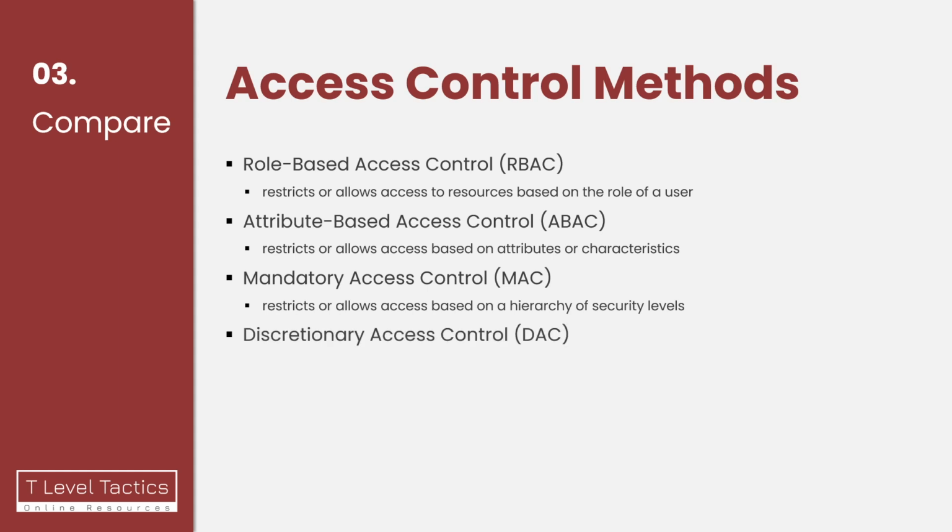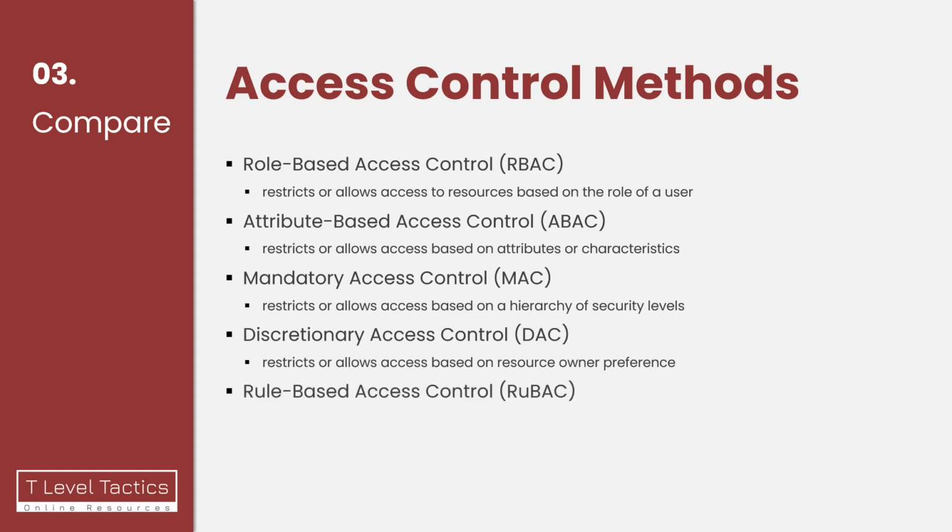Discretionary access control, DAC, which restricts or allows access based on resource owner preference. And rule-based access control, RUBAC, which will restrict or allow access to resources based on rules that are independent to the user's role.